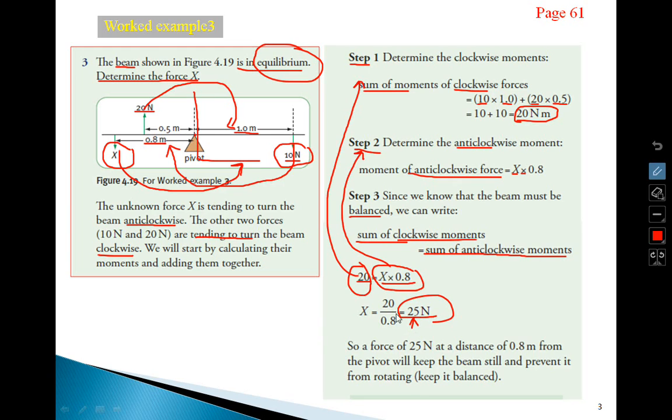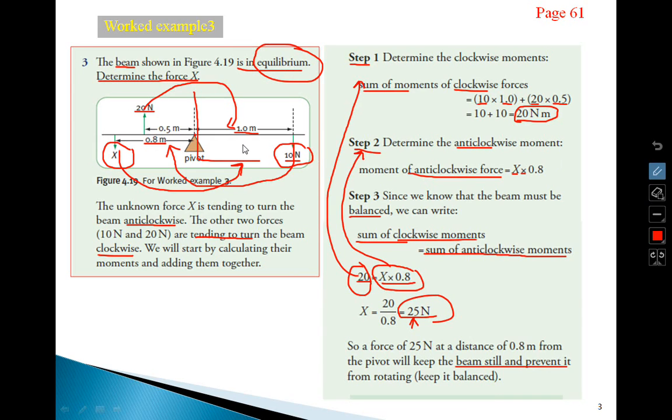If you substitute it and find the anti-clockwise moment is not equal to the clockwise moment, the solution is wrong. So a force of 25 Newton at a distance of 0.8 meter from the pivot will keep the beam balanced and prevent it from rotating, in equilibrium.